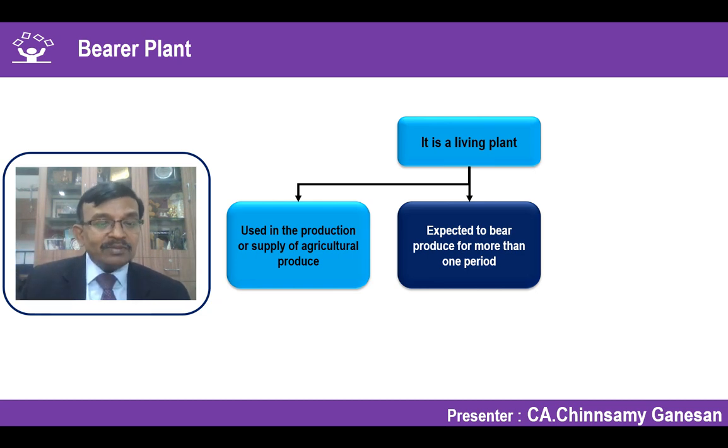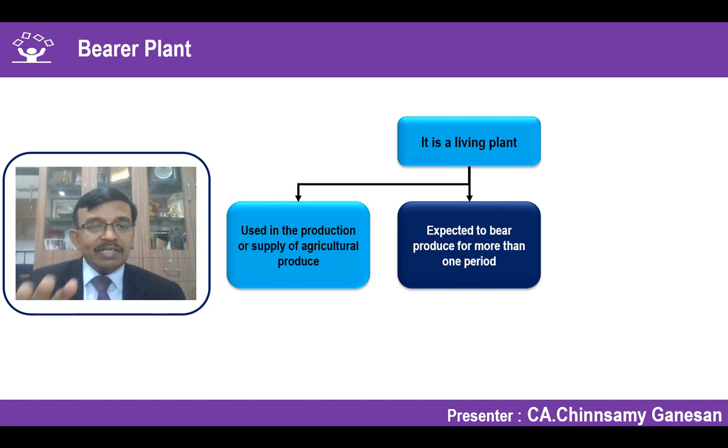One more time, the produce will come. So accordingly, they say that it is more than one period, so we will consider that as a bearer plant. It's an argument. But if you consider how many industries having a sugar cane farm will be applying Ind AS, it will be very limited.